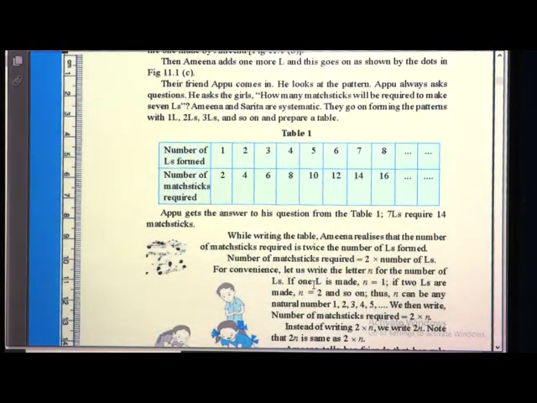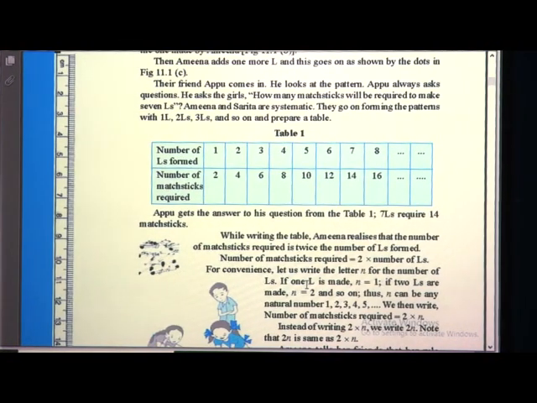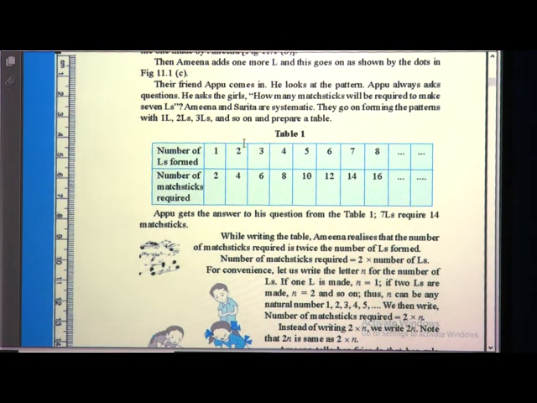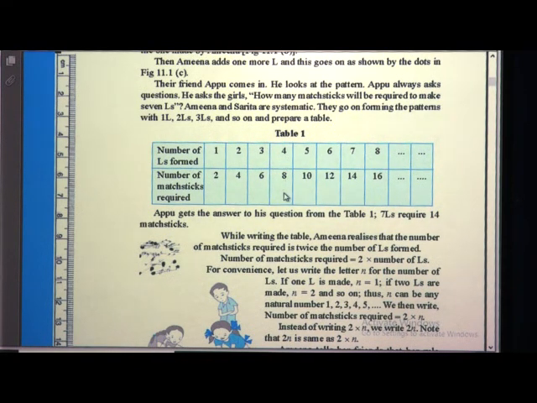See what Amina and Sarita did, the number of L forms. To form 1 L, we need 2 matchsticks. To form 2 L's, we need 4 matchsticks, 3 L's, 6 matchsticks, 4 L's, 8 matchsticks, 5 L's, 10 matchsticks, 6 L's, 12 matchsticks and 7 L's, 14 matchsticks.